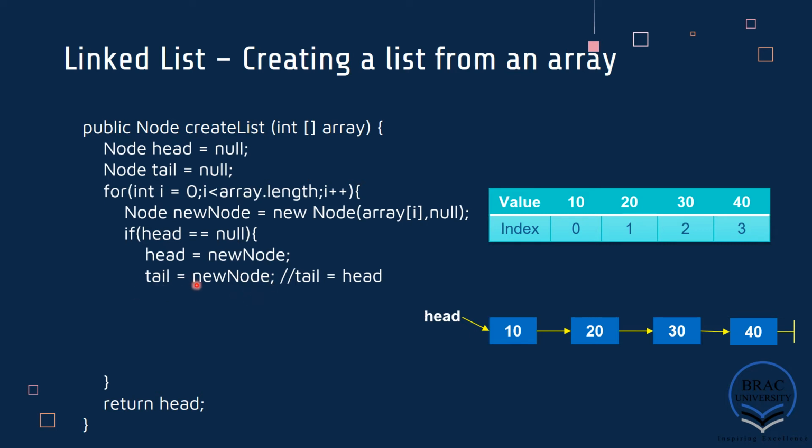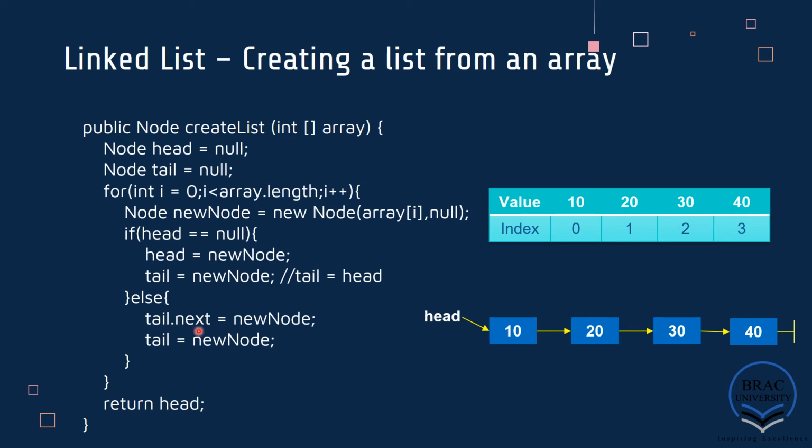We check it by the condition head equals null. If the head is null, that means my list was empty, so the node that is created first will be my first node as well as my last node, so the tail will also point to my new head. I can also use tail equals head, it means the same, so either of the two options is okay while assigning tail in this case. This is the first condition, where I check if I have an empty list.